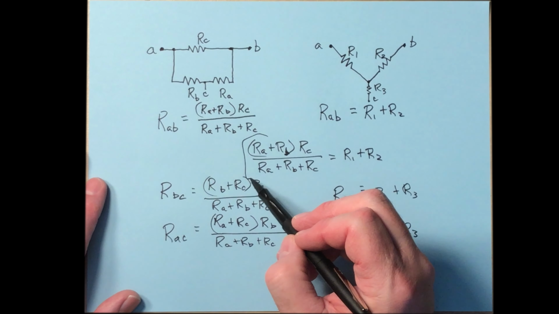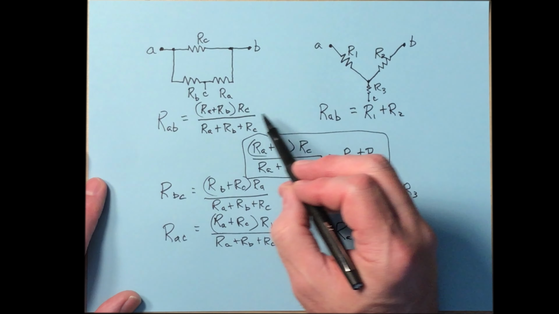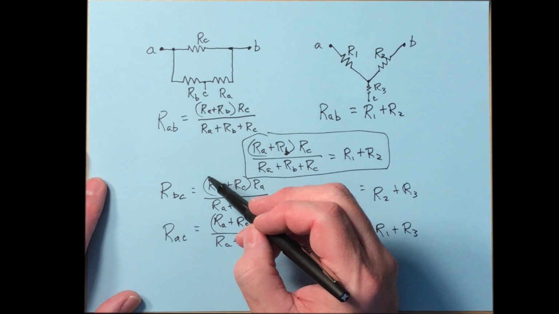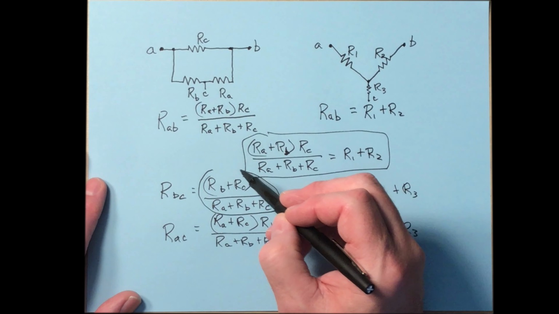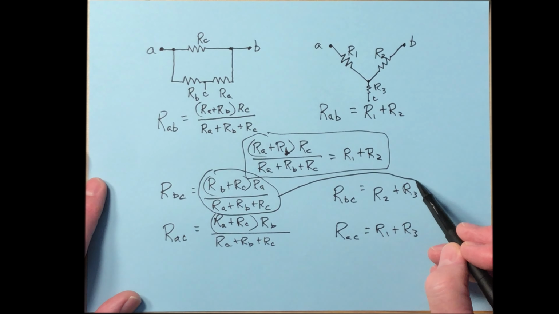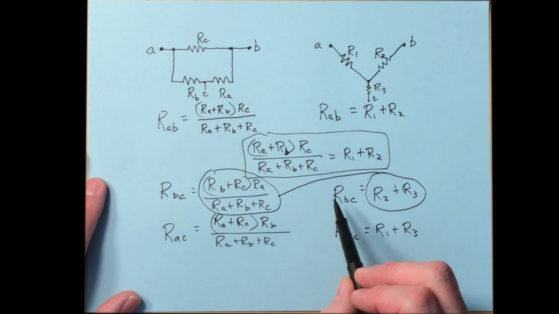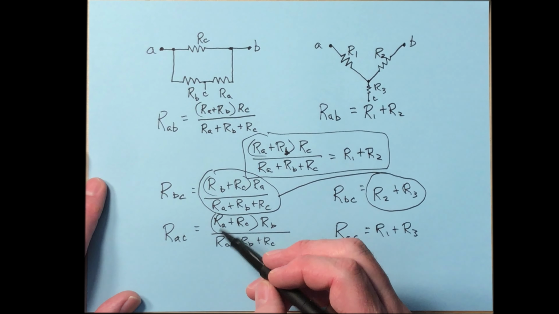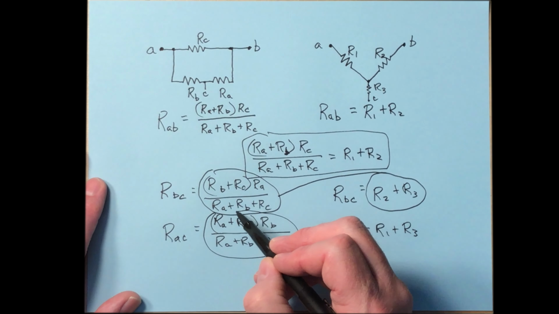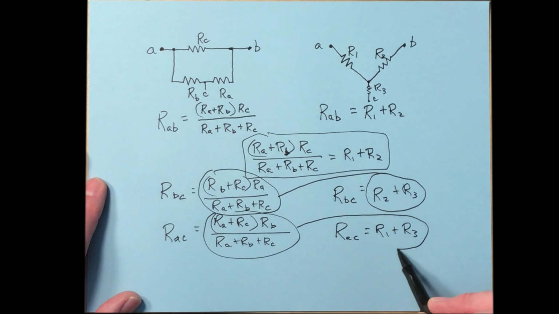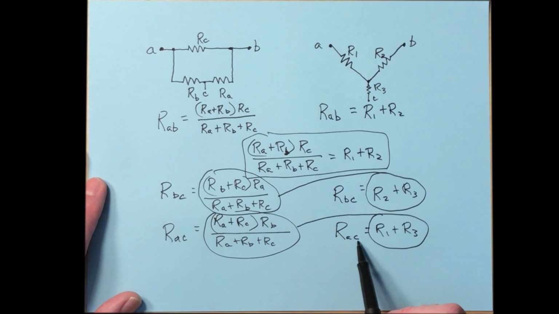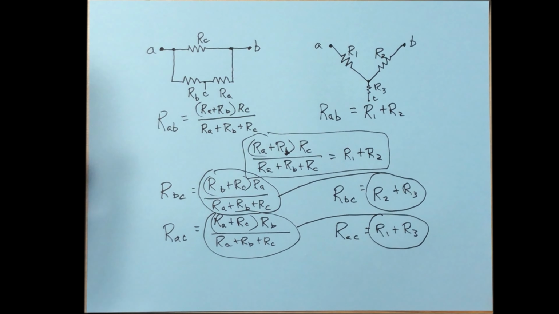So this is equal because of R_AB. This portion here is equal to this portion here, because R_BC must be the same, and this portion here is equal to this portion over here. Why? Because the R_ACs must be the same. These are my three equations that are going to allow us to transform from one of these into the other.